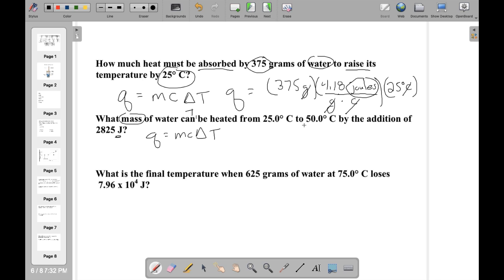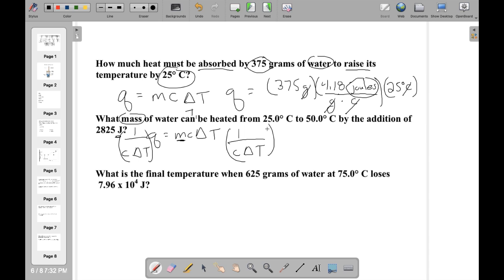So we need mass. This is the number we need. So how do I get this on one side? I need this on one side of this equation. Well, if I multiply both sides by 1 over the specific heat and the temperature change, whatever I multiply this side by, I have to multiply this side by.